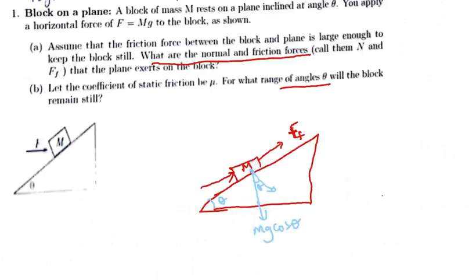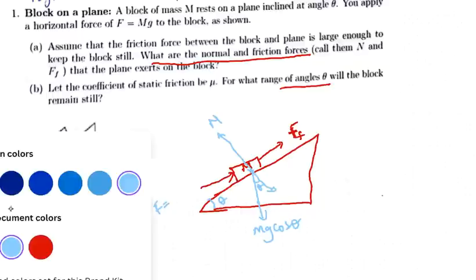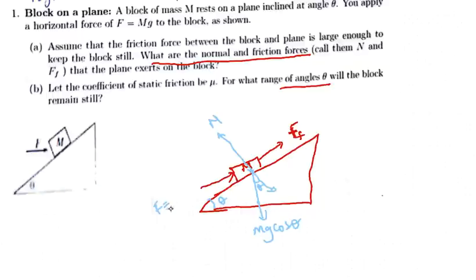So we have this to be the normal, apart from the force acting upward, which will be F cos theta, where F equal to mg cos theta is pulling it up.